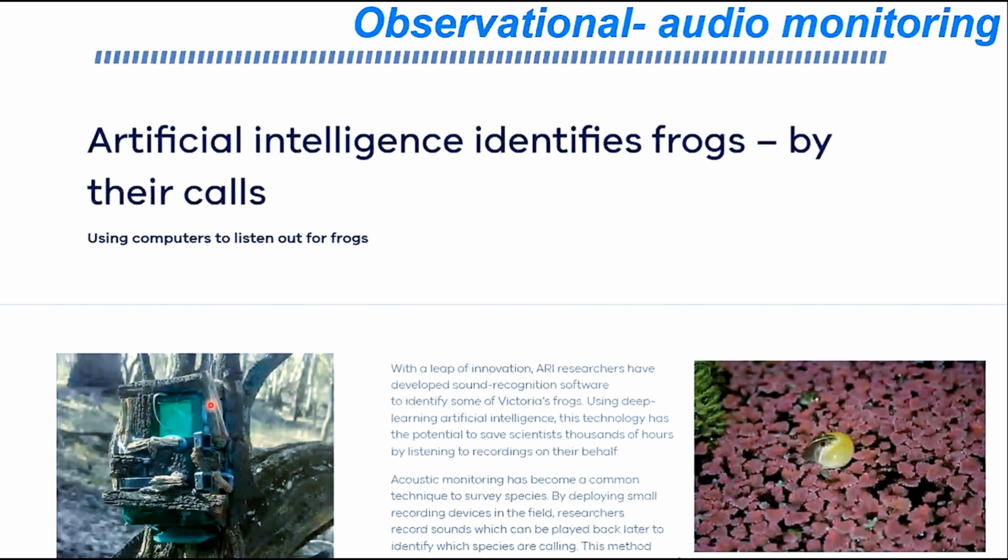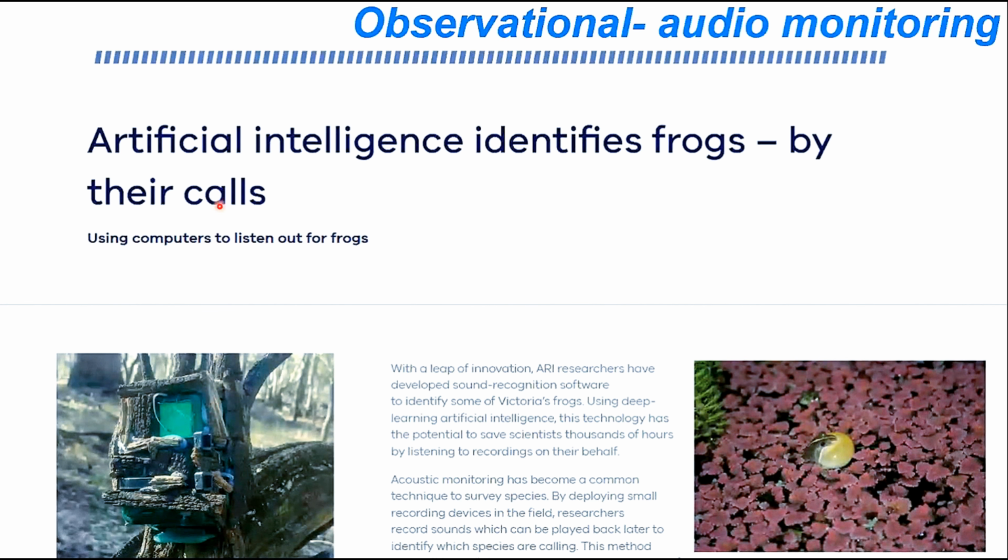You already have a standardized sound database. You compare the sounds recorded in that area, and you can determine which animals are present just by recording their calls.